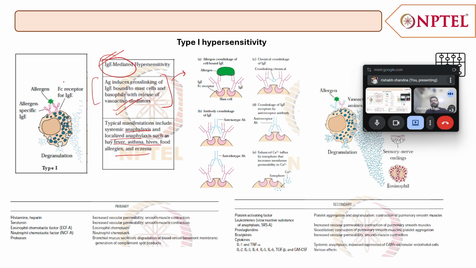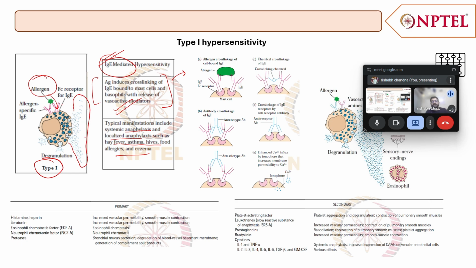Okay, so type 1 hypersensitivity basically happens when the receptor of the basophil and the mast cell is attached with the IgE antibody that is attached to an allergen. This binding tends to release the granules of the basophils and the mast cells, releasing the different chemicals that are stored in these granules.